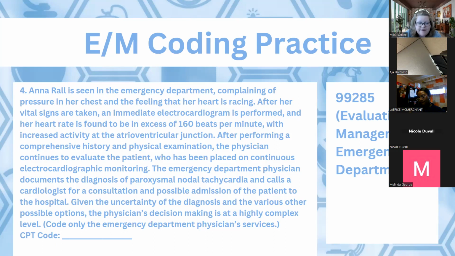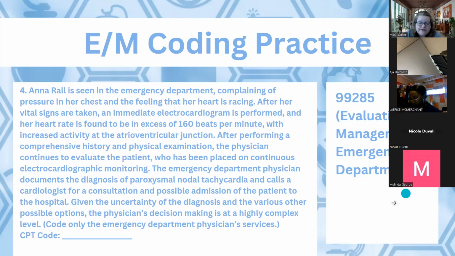After performing a comprehensive history and physical examination, the physician continues to evaluate the patient, who has been placed on continuous electrocardiographic monitoring. The emergency department physician documents the diagnosis of paroxysmal nodal tachycardia and calls a cardiologist for consultation and possible admission of the patient to the hospital.